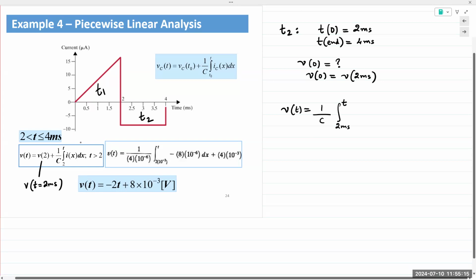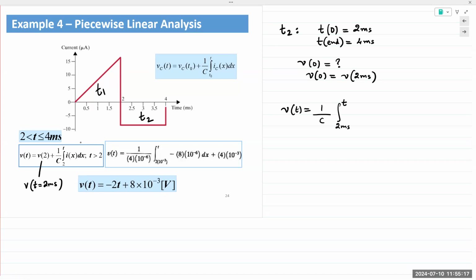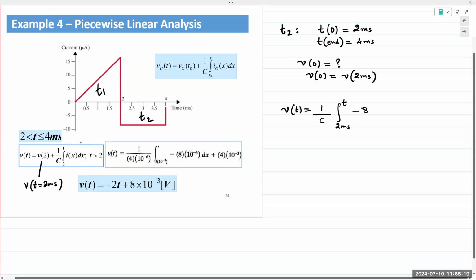And this would be a constant, so it is minus 8 microamps. Minus 8 microamps, plus the voltage at 2 milliseconds.